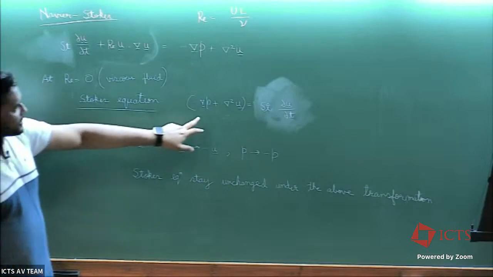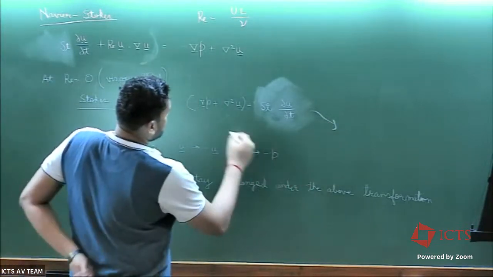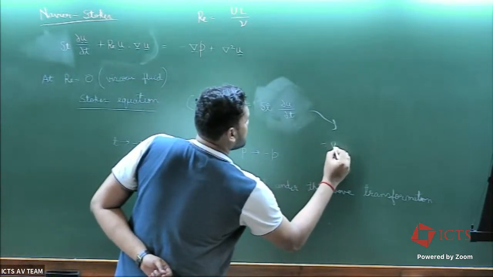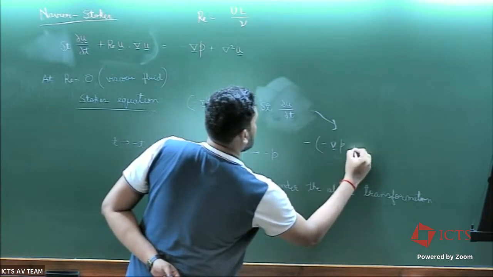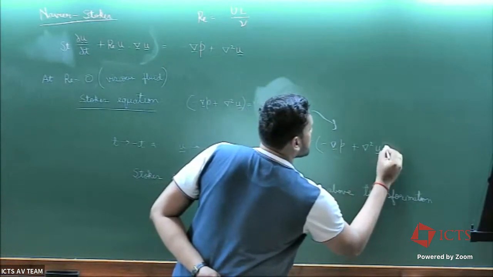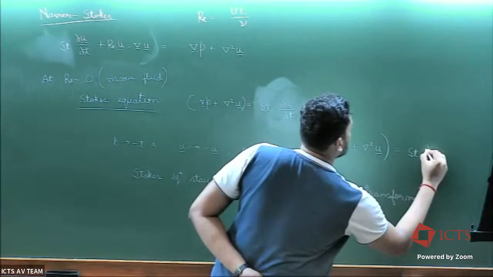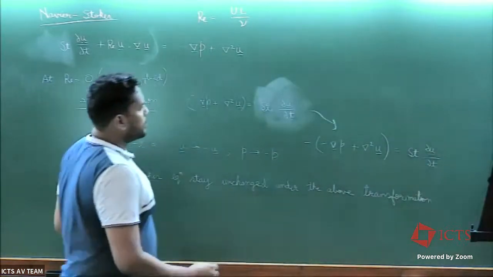So if you make these transformations, what will you get here? There will be a minus sign from grad P, and a minus sign that will come from del square U, and that will be equal to Strouhal number times dou U dou t.